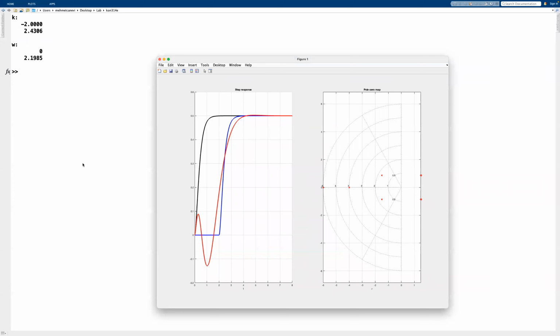There we go. Now we can see that the interval using the first order Padé approximation seems to be -2 and 2.43, and omega is 0, so this is a negative root locus origin crossing, and this one is a positive root locus crossing here.